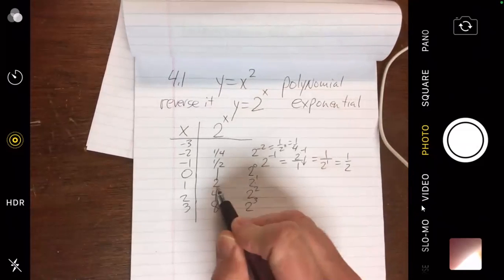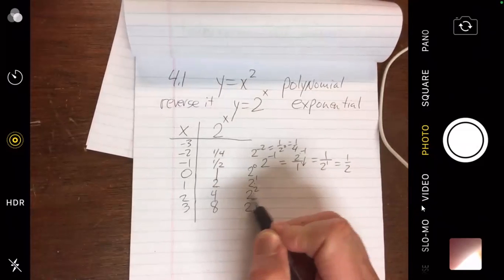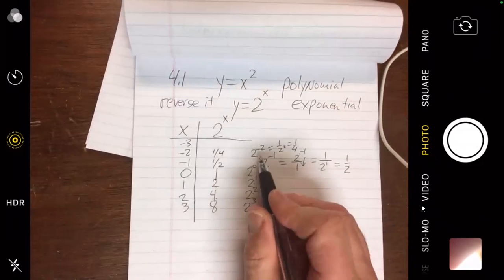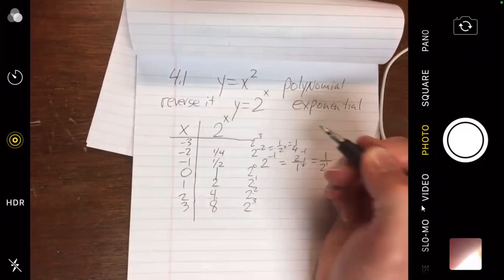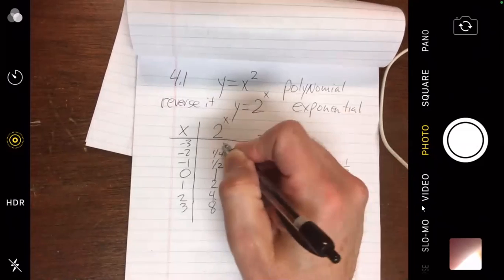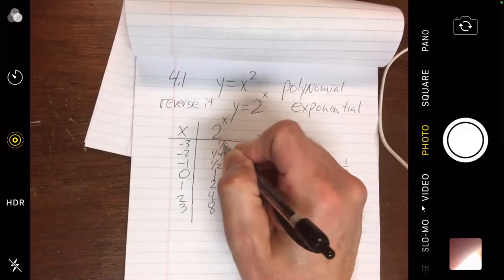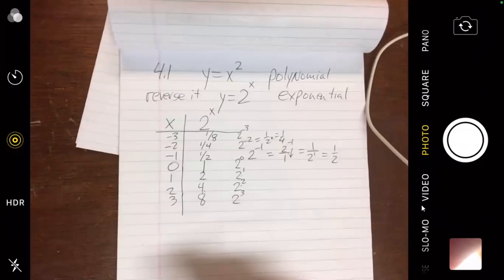You see the pattern? 2 to the 1 is 2. 2 to the -1, 1 over 2. 2 squared, 4. 2 to the -2, 1/4. Can you tell what 2 to the -3 would be? 2 to the 3rd is 8. 2 to the -3 would be 1 over 8. We losing anybody?